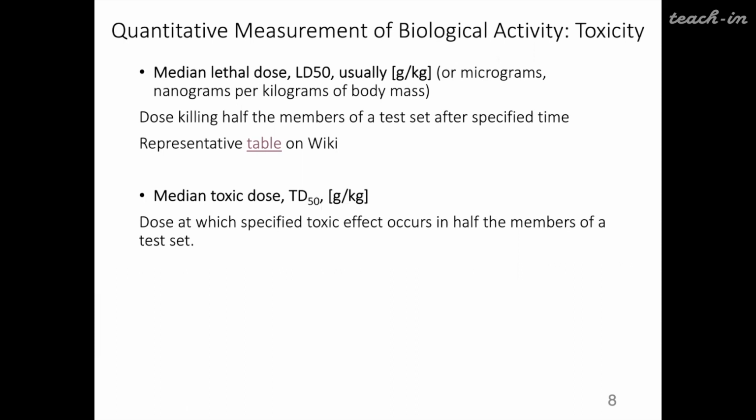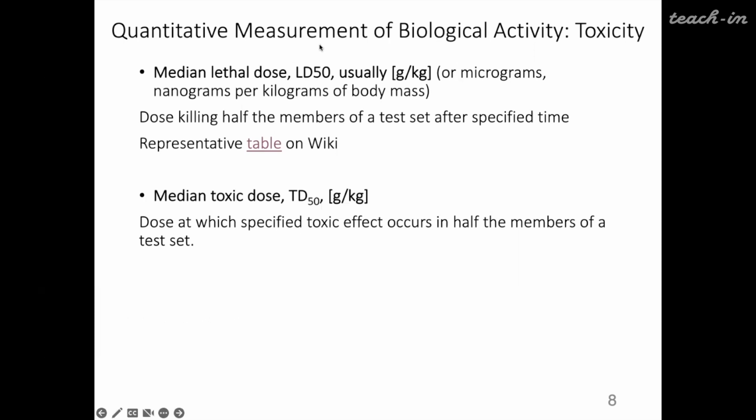So if we consider toxicity, we can use median lethal dose LD50 and median toxic dose. Generally, median lethal dose is measured in micrograms or nanograms per kilogram of body mass.